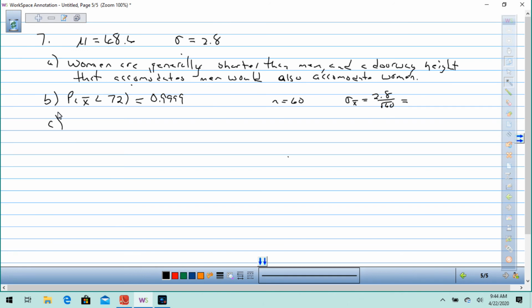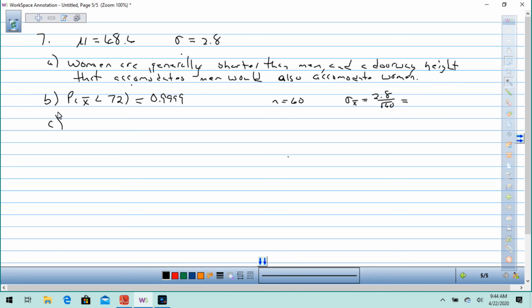C, why can't the result from Part B be used to determine how well the doorway height accommodates men? And that's because the mean height of 60 men is less than 72 inches. It does not follow that 60 individual men all have heights less than 72 inches.